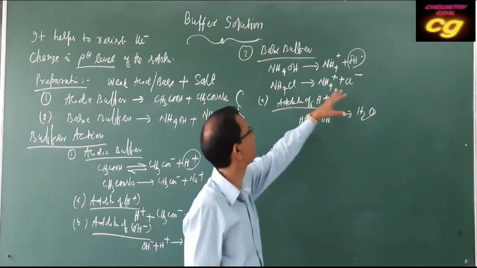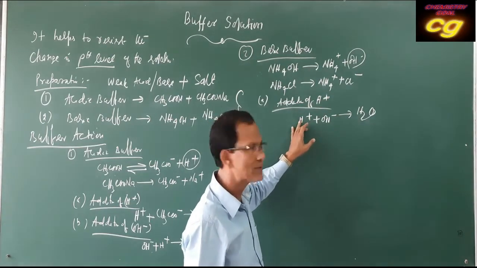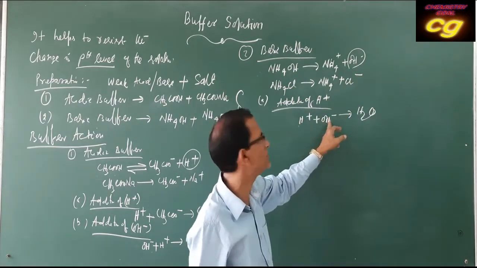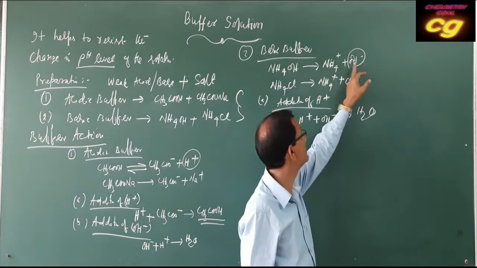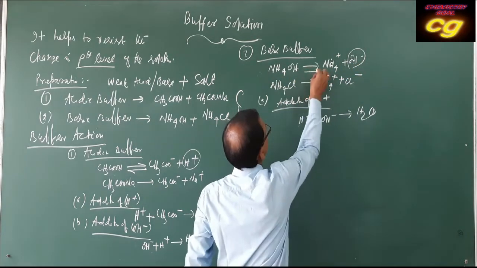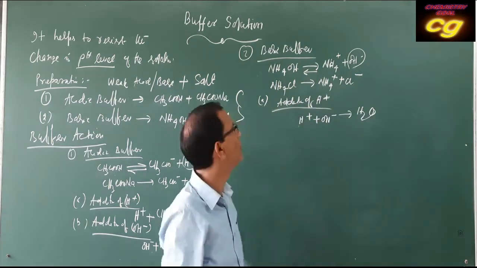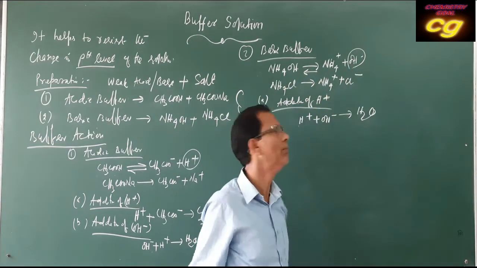So the added H plus will not affect, because it combines with the available OH minus forming water, and OH minus decreases. That OH minus decrease from the solution will be balanced by the dissociation of ammonium hydroxide forming OH minus. So the OH minus decrease will be balanced.